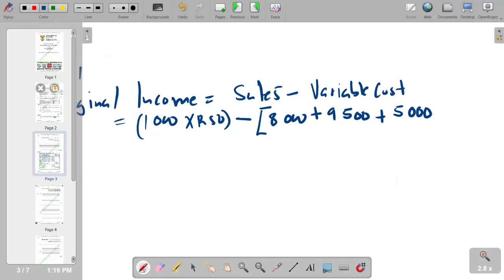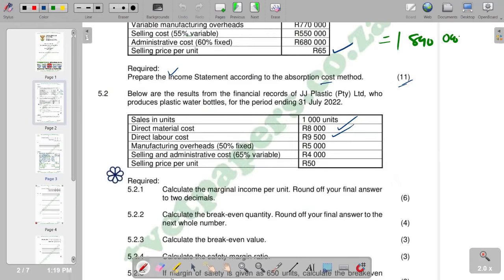In terms of the next one, we have selling and administration cost, which is 65% variable, 4,000. Then what about the remainder? The remainder now is what we want to calculate.